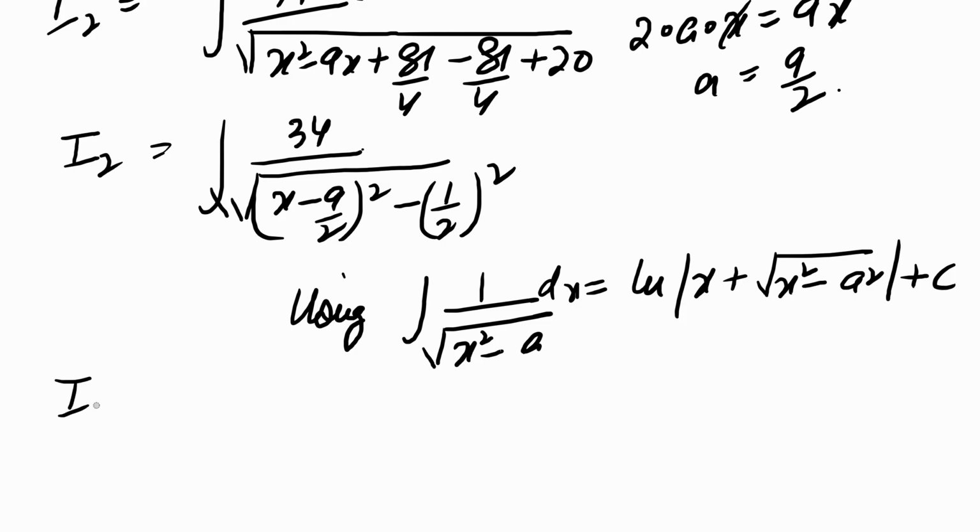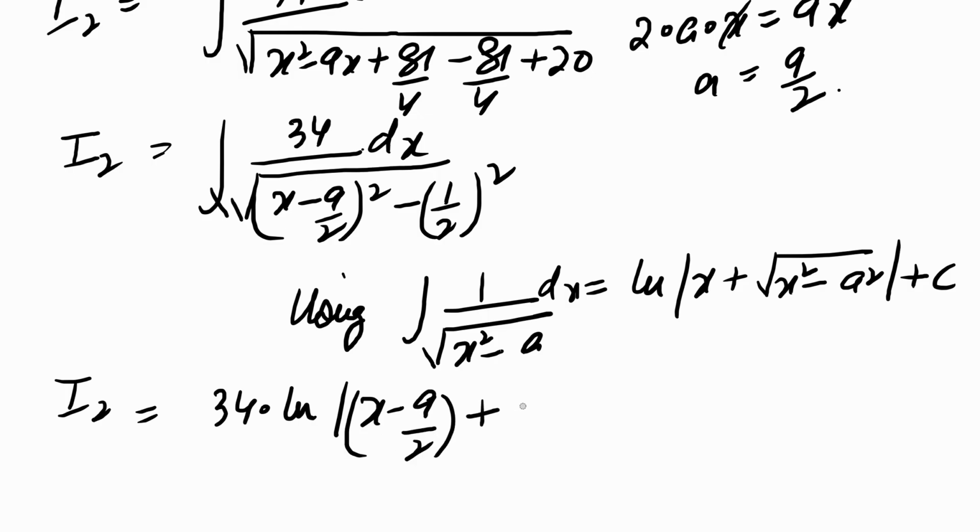So I2 will become 34 ln of x minus 9 by 2 plus under root.